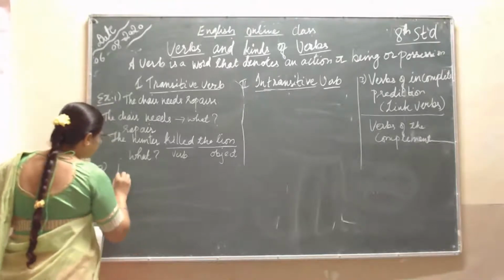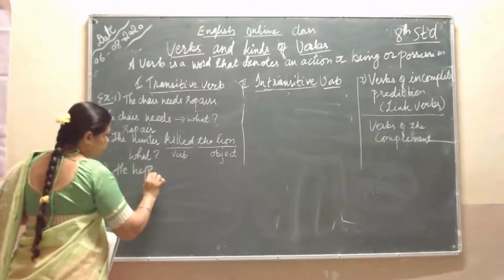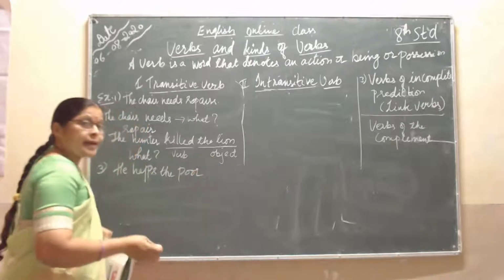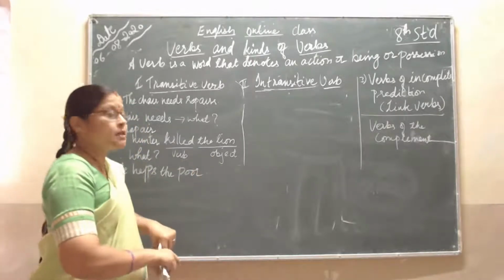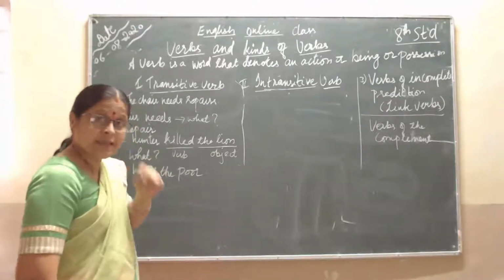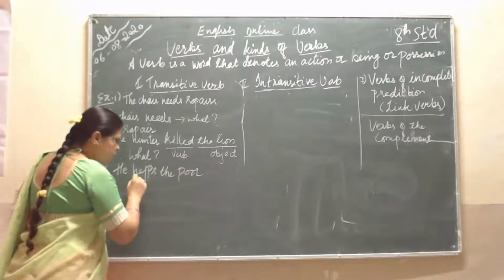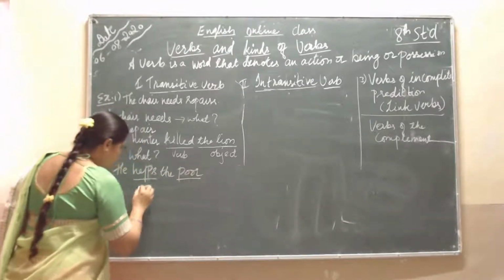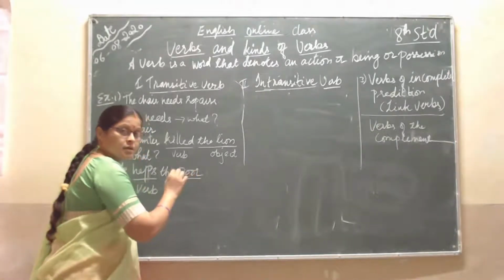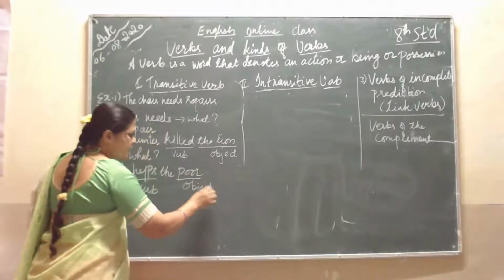So next, the third example is: he helps the poor. Already I have said using what and whom. When we frame a question, we'll get an answer. He helps whom?